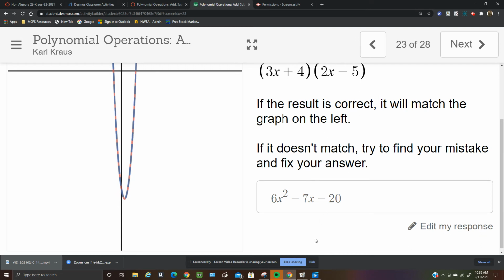So let me show you the graphical method here. 3x plus 4 and 2x minus 5.